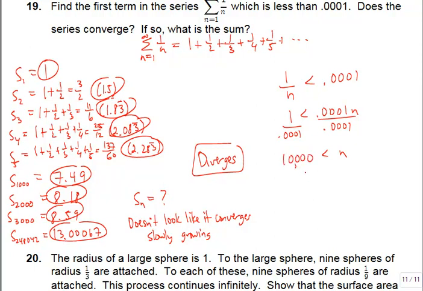So it's going to take me up to more than 10,000 terms until one of these fractions is smaller than this decimal right here. And that's just further proof that this is very slowly adding to our sum.